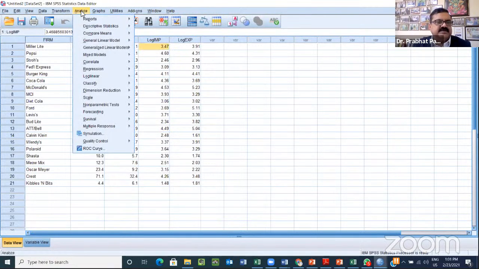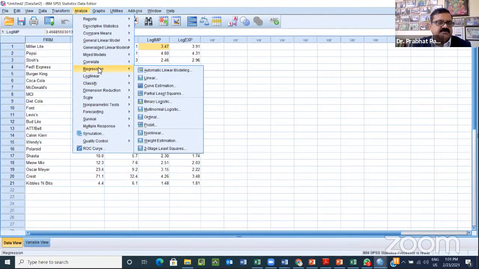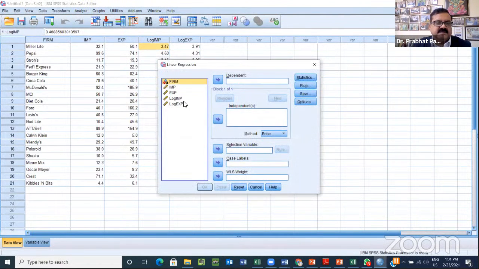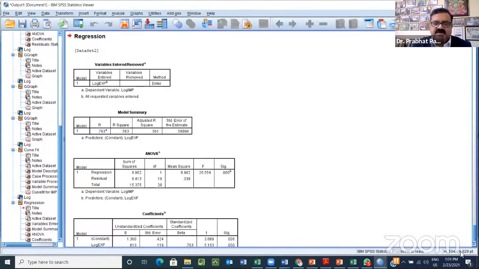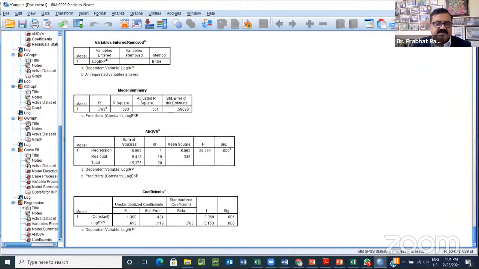And then I go to analyze, go to regression, linear, and use log IMP and log EXP and say OK. So give me the parameters. Here the parameters are 1.300 and 0.613. So the elasticity is 0.613.